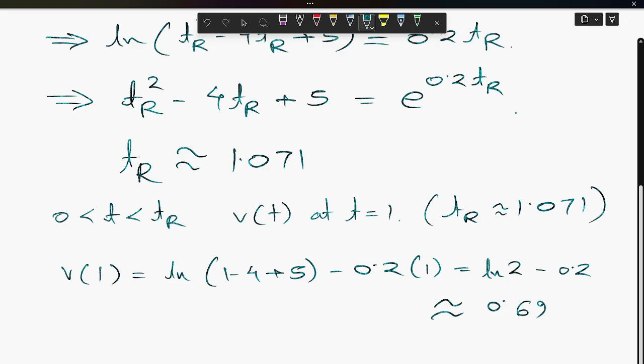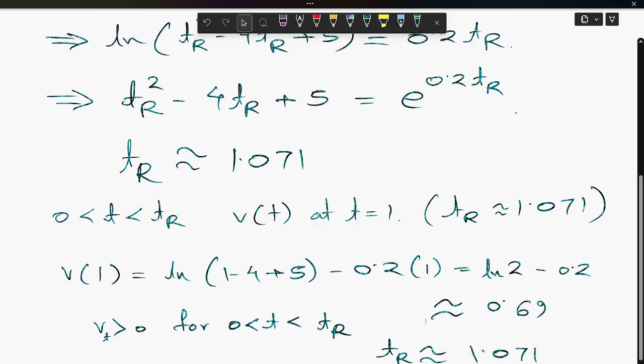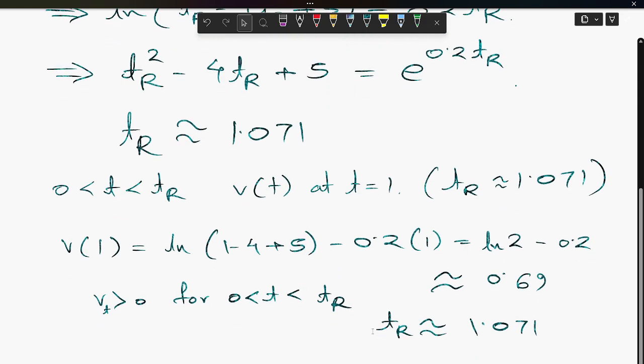Since our v of t is greater than 0 for 0 less than t less than tr, the particle is moving to the right. So the final answer is that tr is approximately 1.071, and the particle is moving to the right for 0 less than t less than tr, because v of t is greater than 0.